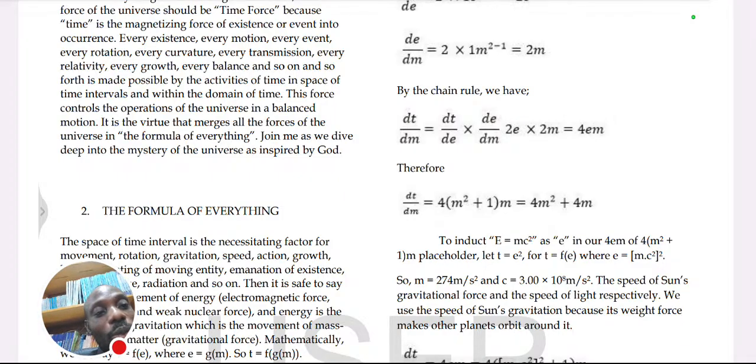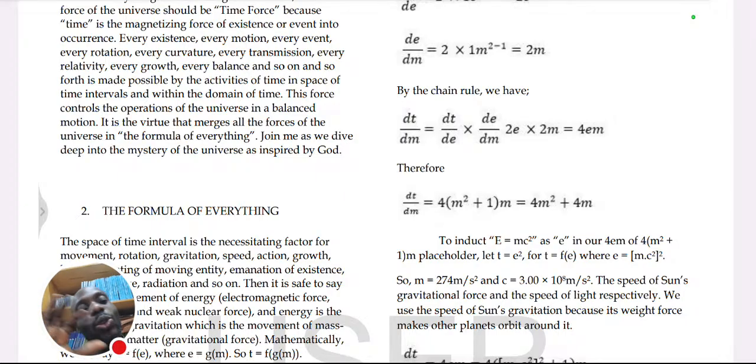And by the time we put that, we're going to make the E of the 4EM to be represented by that, (M squared plus 1). And so once we have that, we're going to have dT/dM equal to 4(M squared plus 1)M. And once we solve that, we're going to have 4M squared plus 4M.